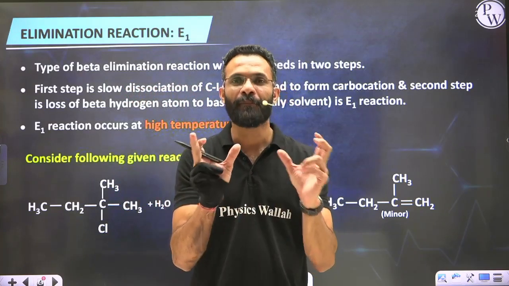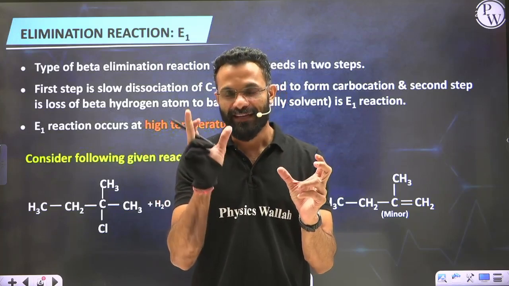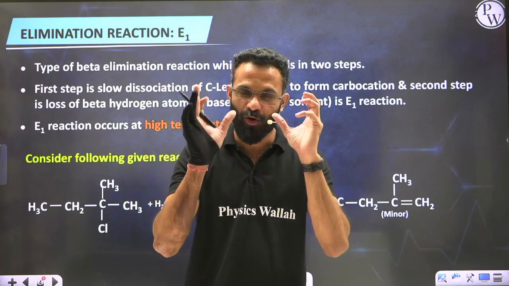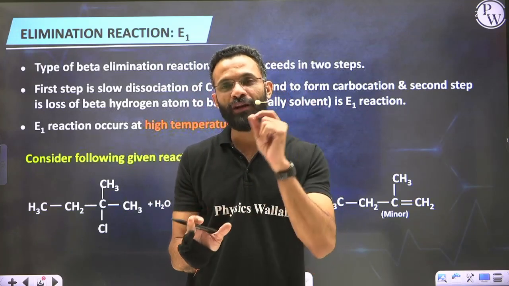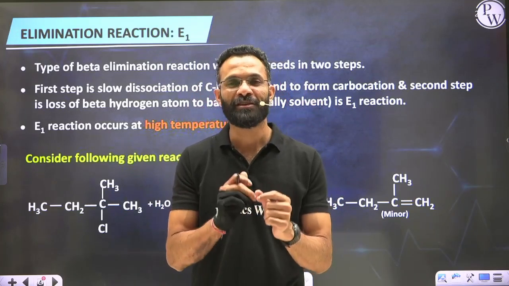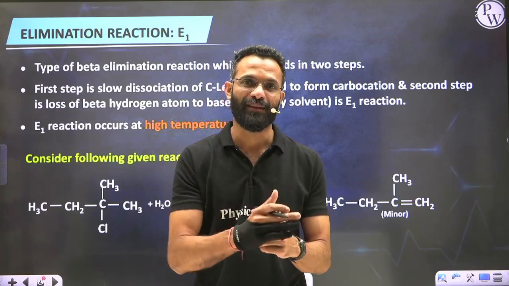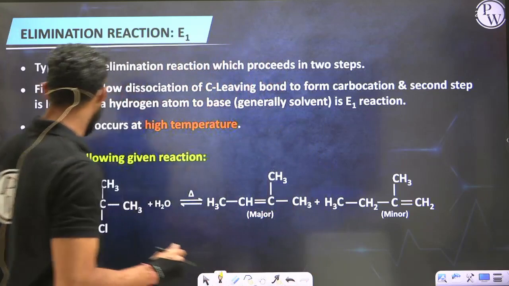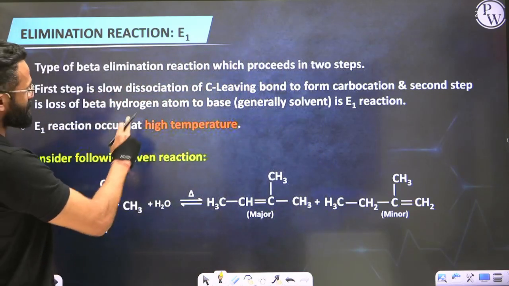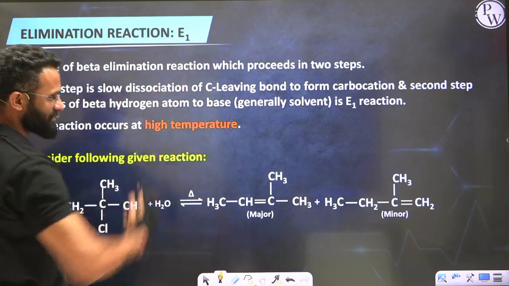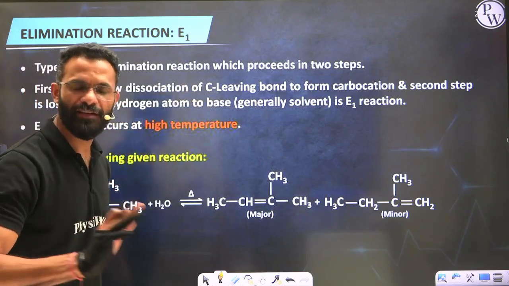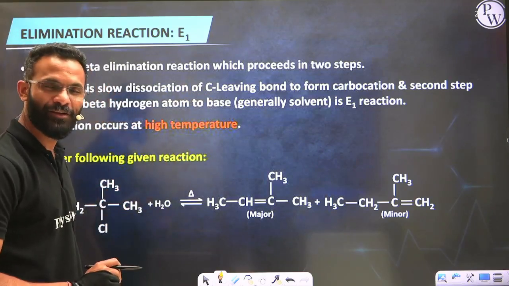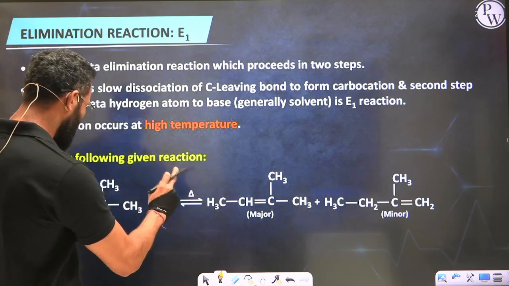So if you compare SN1 reaction conditions and E1 reaction conditions, they are almost the same. The only factor that differentiates E1 and SN1 is the temperature. I want you all to remember that the E1 reaction occurs at higher temperature. Everything else in most cases will be identical. It's just that the E1 reaction will take place at a higher temperature.